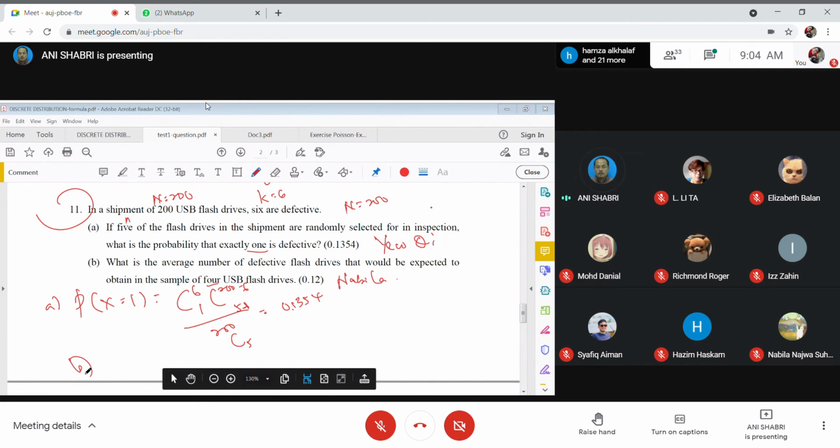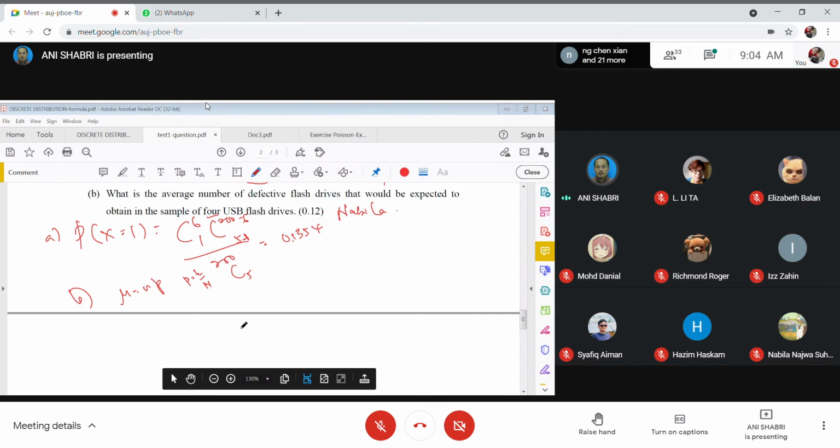Okay, number B, the mean is equal to N times P. P is equal to K divided by N. From here we can get the answer 0.12. Okay, finish.